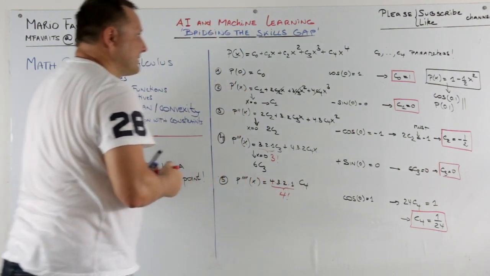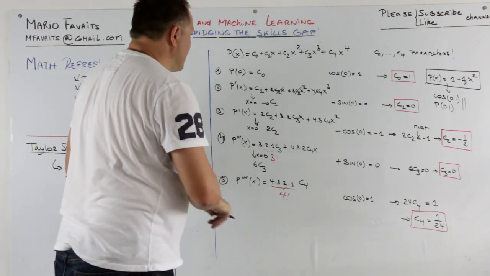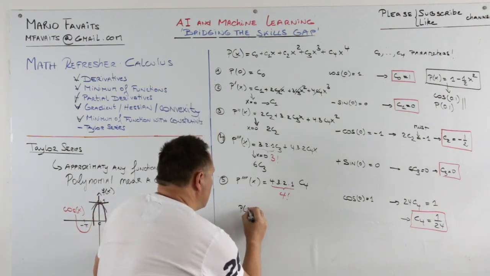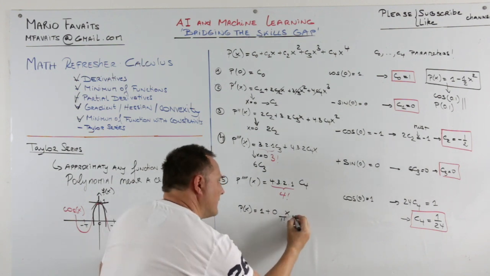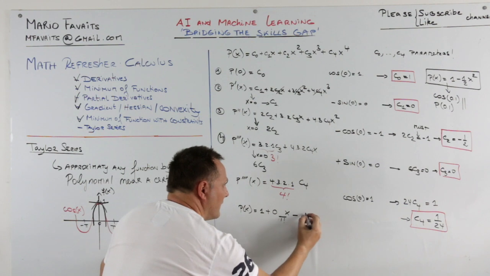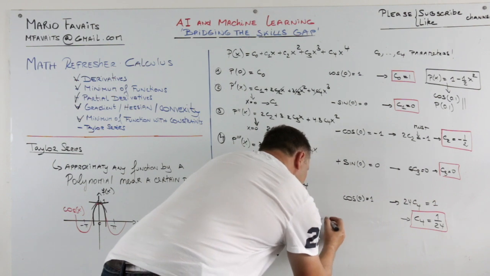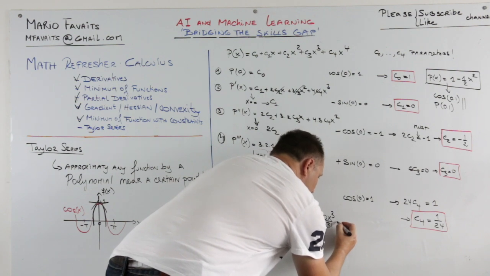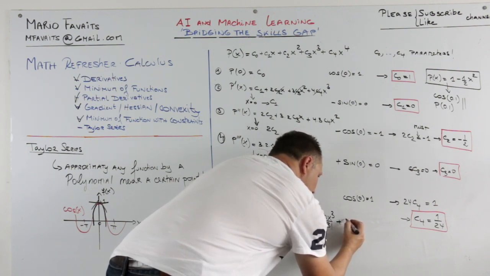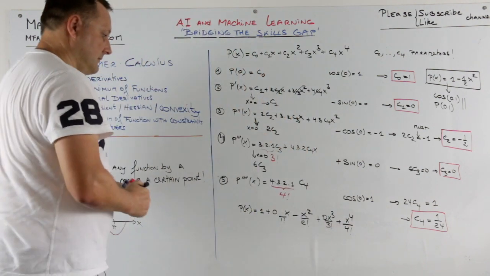So if we generalize this, we have that p of x equals 1 plus minus x squared divided by 2 factorial, plus 0 x to the third divided by 3 factorial, plus x to the fourth divided by 4 factorial. So this is how we generalize.